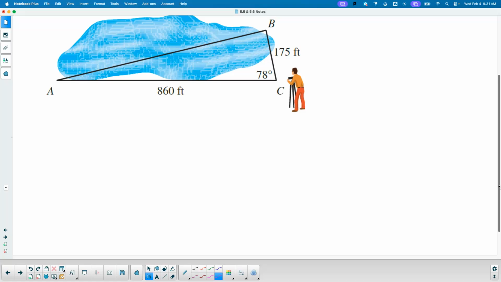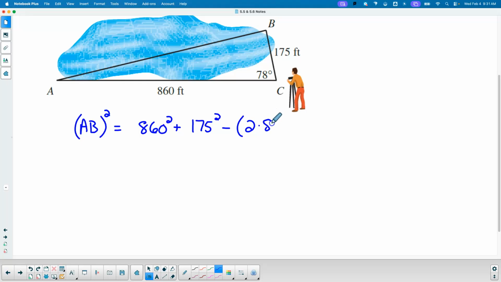Law of cosines case. So my distance AB squared is going to be 860 squared plus 175 squared minus 2 times 860 times 175 times the cosine of 78 degrees.